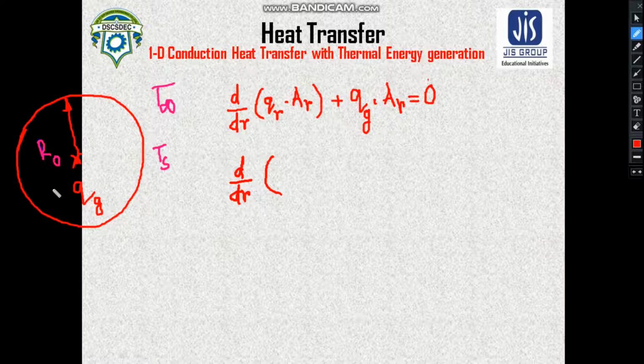The other two directions have not been considered here. So this is the heat transfer in the single direction, in one dimension, and this is the internal thermal energy generation. Okay, so now you know what Qr is. This is k dT/dr. So we are writing Fourier's law. According to Fourier's law, the temperature gradient is written here, and this is the material property, thermal conductivity.